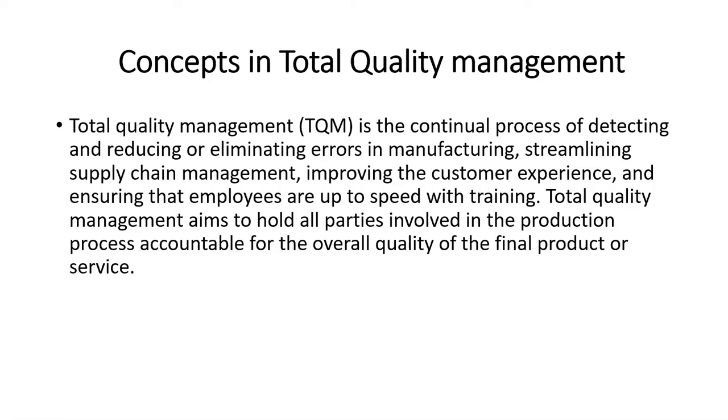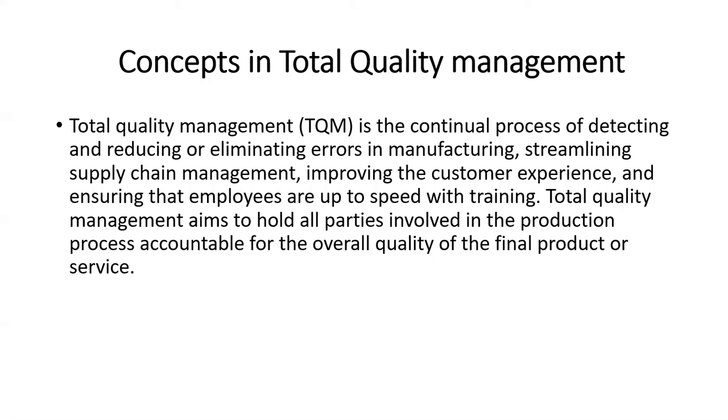Whenever we talk about quality, it matters a lot when a product is sold to the customer. So after setting the quality standards regarding a product or services, we need to monitor, detect and eliminate all the errors in the manufacturing.